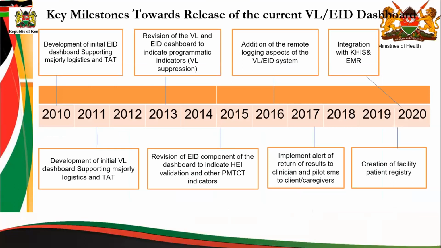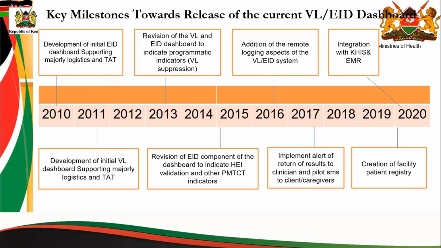This diagram, sorry, could be too busy, but it's just a diagram to show you the milestones that we have moved from 2010 to 2020 in regards to the development of the VL and EID system. So its birth took place in 2010 as a system, and this is when it was developed with support of just the dashboard, which was mainly looking at logistics and the turnaround time. In 2011, we got to have the VL development of the dashboard that was also looking at logistics and also turnaround time.